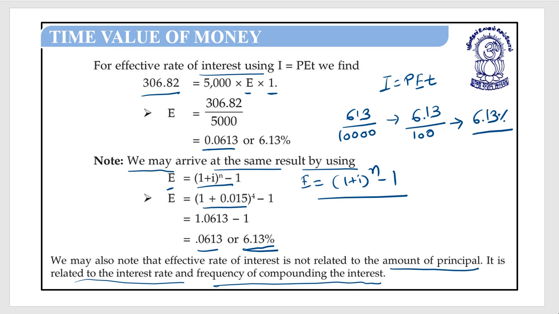There is a relation between capital E and the interest rate I and the frequency of compounding n. So keep in mind that.